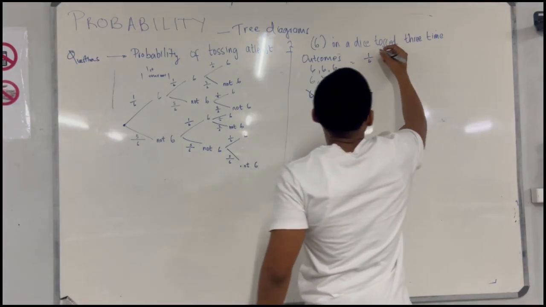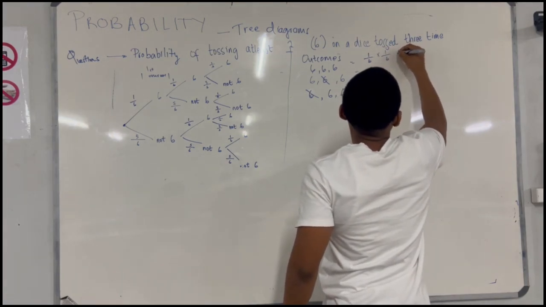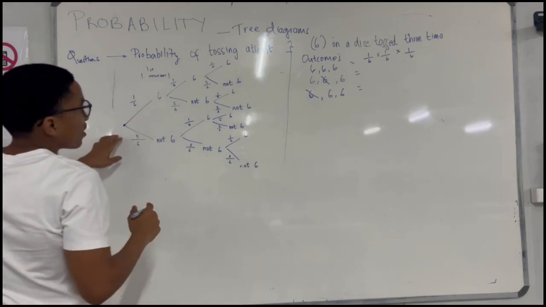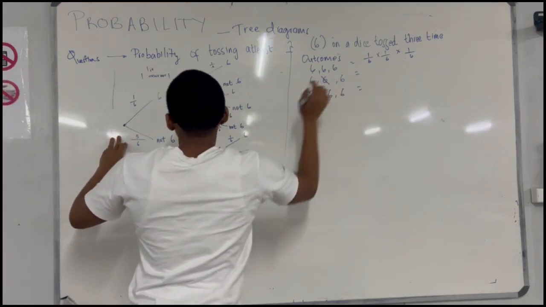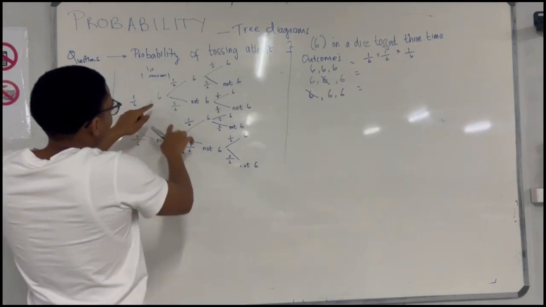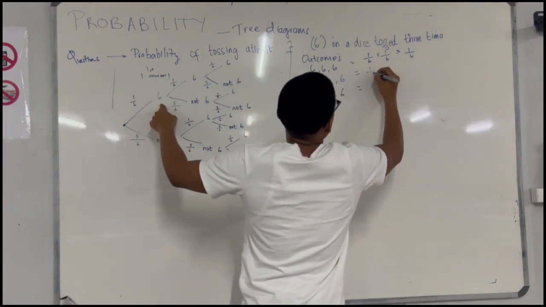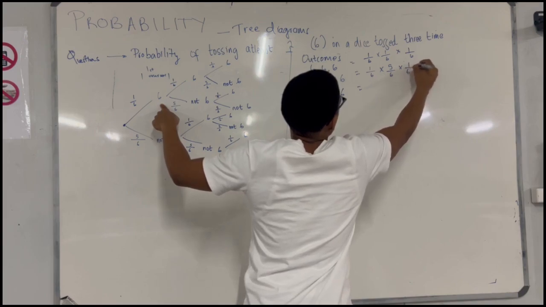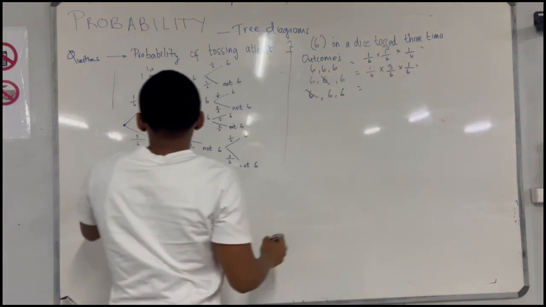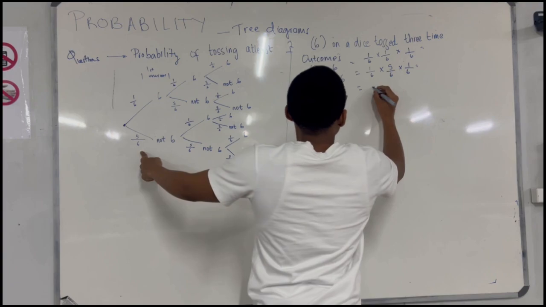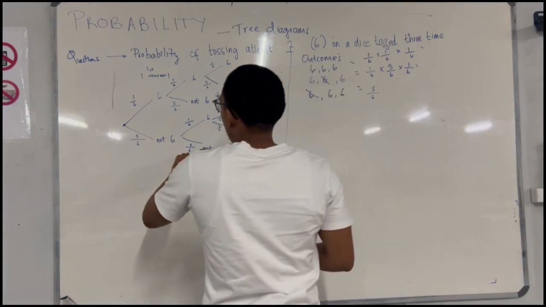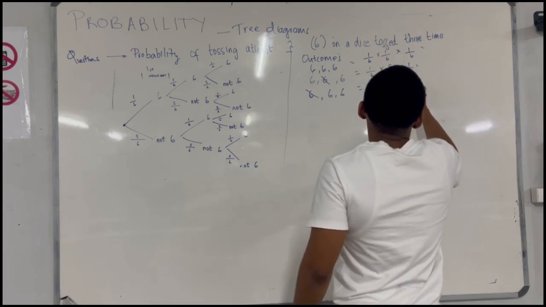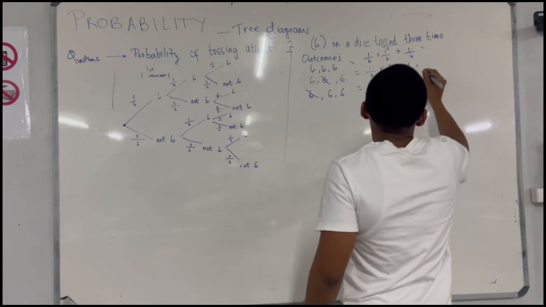And then 6, not 6, 6 is 1 over 6 multiplied by 5 over 6 multiplied by 1 over 6. And not 6, 6, 6 is 5 over 6 multiplied by 1 over 6 multiplied by 1 over 6.